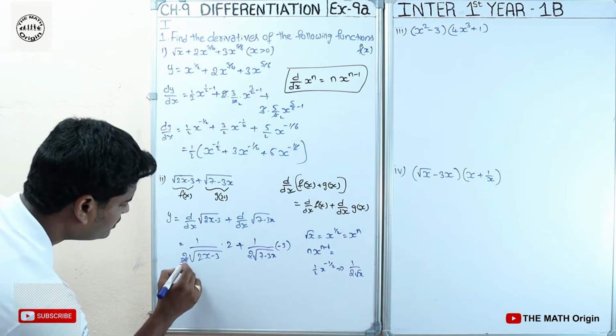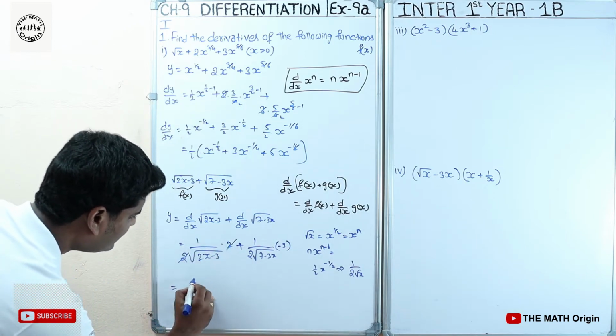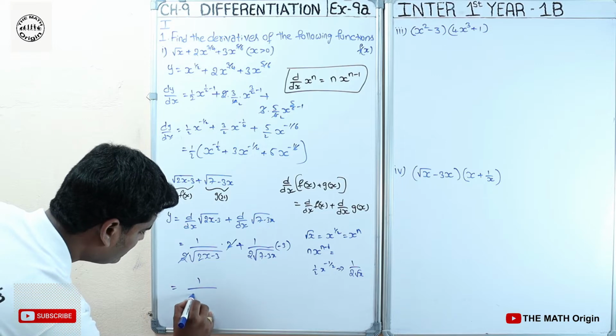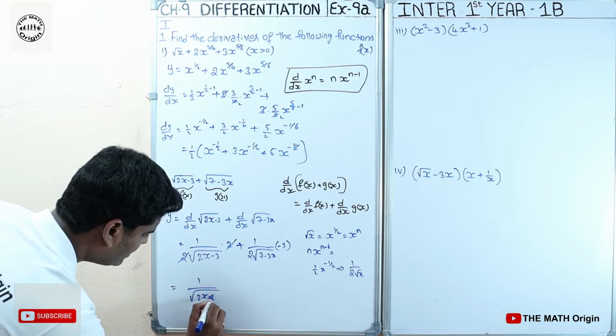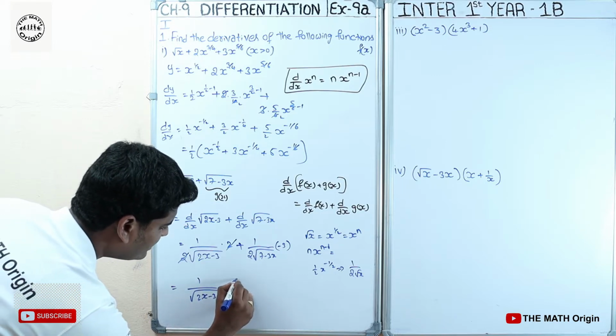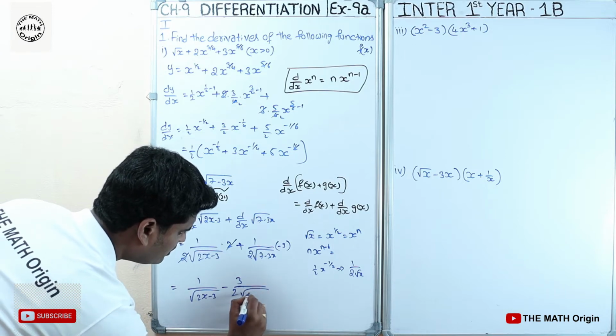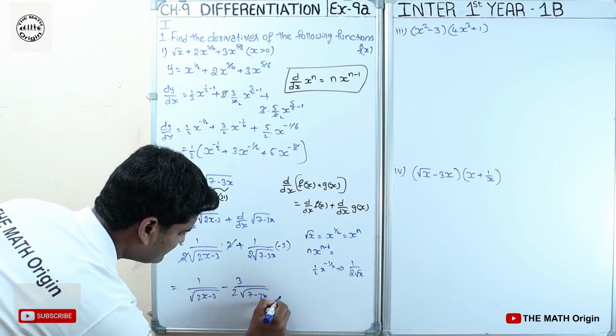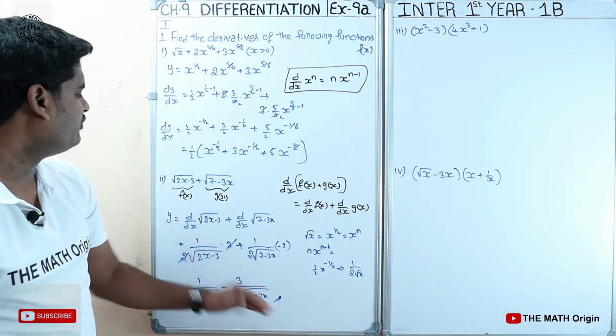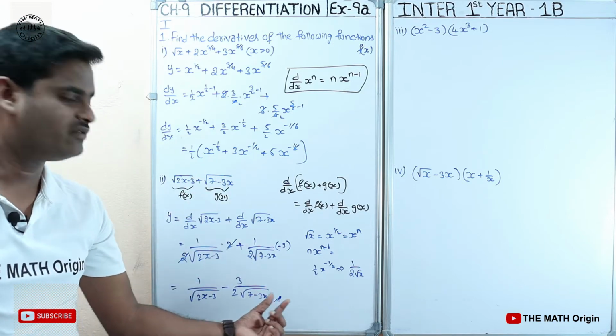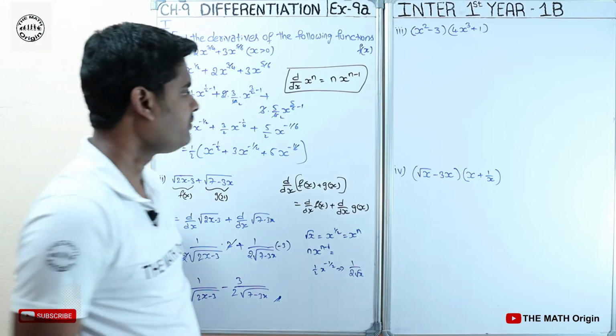Therefore the 2 will be cancelled, and the value is 1 by root of 2x minus 3 by 2 root 7 minus 3x, which is the derivative of the given equation.